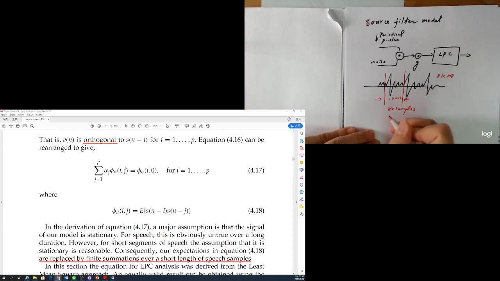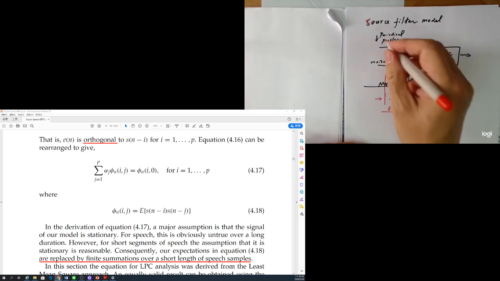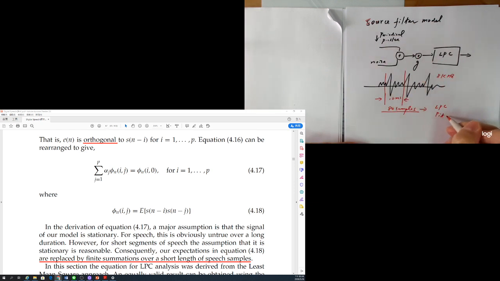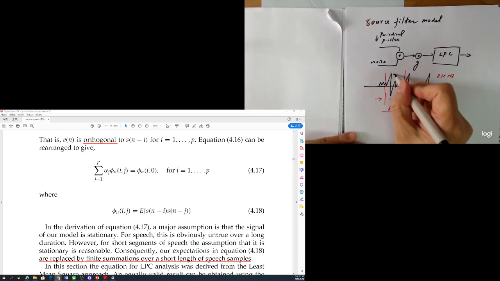Based on these samples, we try to find your LPC coefficients, and also we try to find your pitch. So what is the pitch here? Maybe the pitch looks like this one.